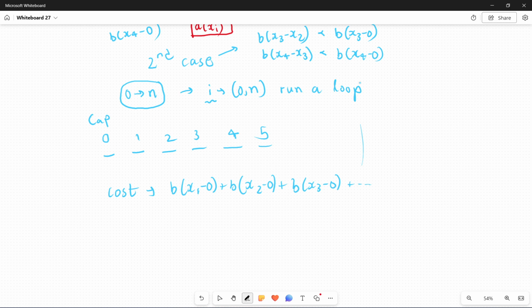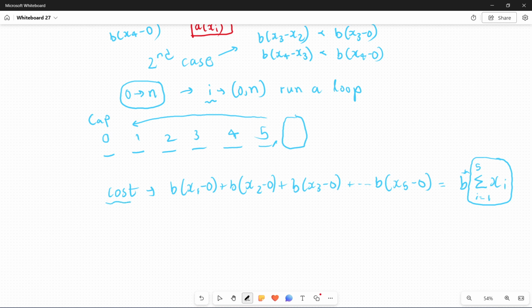Let us suppose there are 5 indices only, so up to b into x5 minus 0. This is basically b into the summation of all xi's, i equal to 1 to 5, which is the prefix sum till this index. You add all these and multiply with b, and that will be your cost.